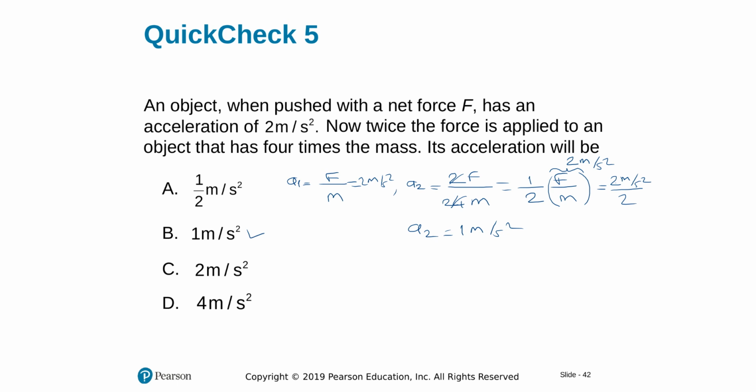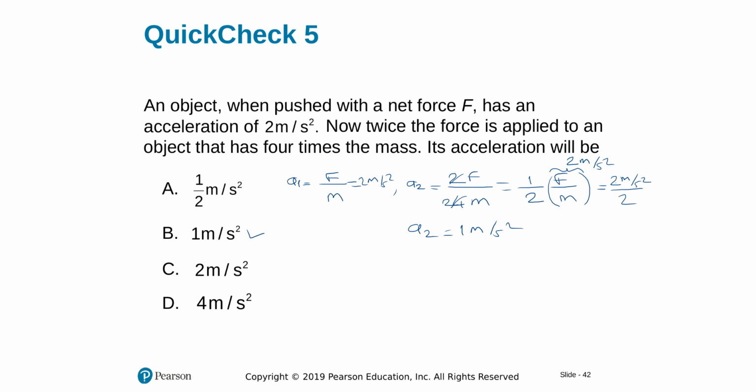Some of you are really good at reasoning. I can say here, twice the force. That means if I increase force twice, acceleration will be doubled. It will be 4 meters per second squared if I did not change the mass. But then I have 4 times the mass. That should decrease the acceleration 4 times.